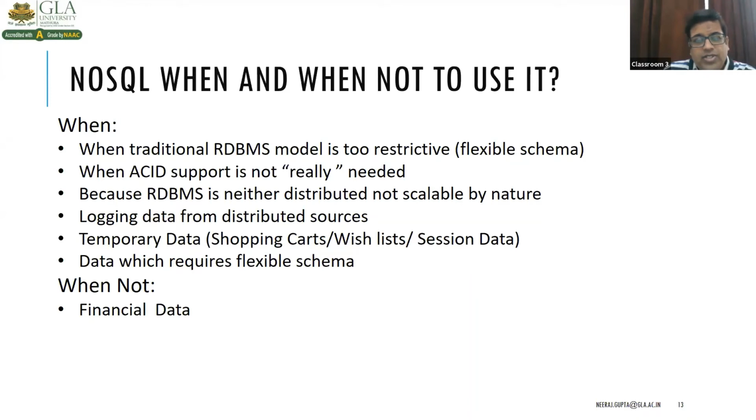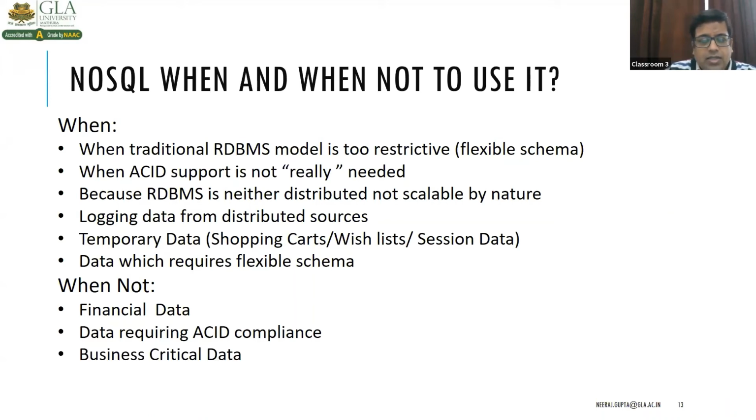So we check the trade-off for RDBMS, because RDBMS provides consistency, right? Data requiring ACID compliance, and business critical data. At that time, we also do not use NoSQL, right?